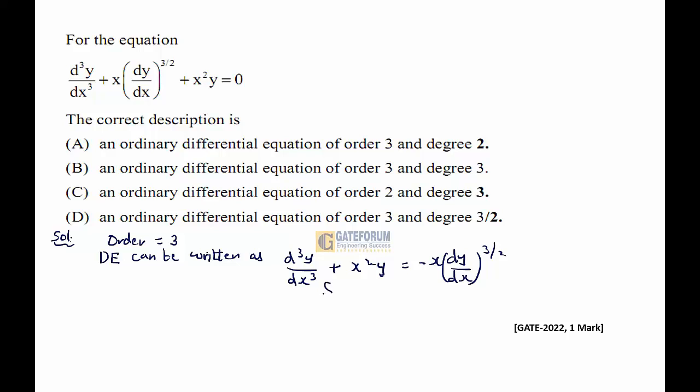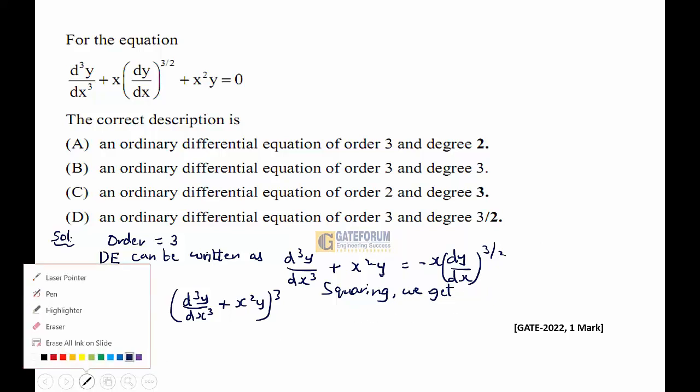Now squaring both sides, we get (d³y/dx³ plus x²y) whole square.